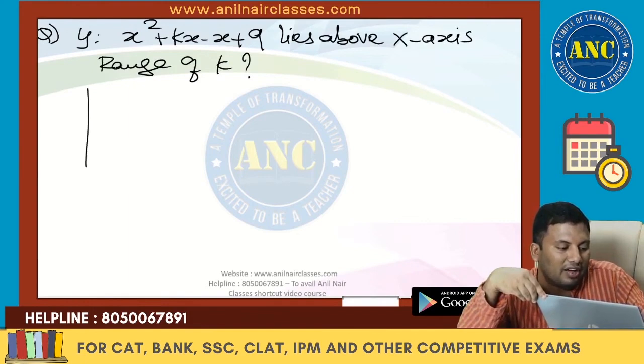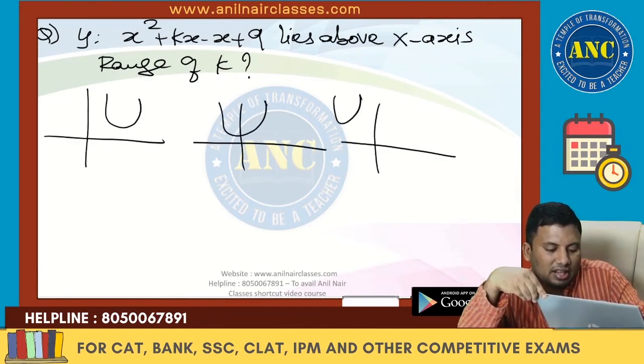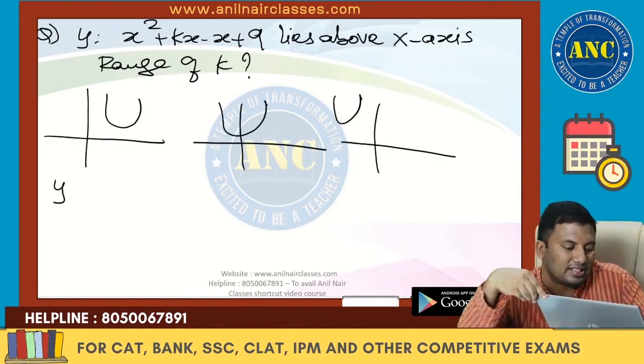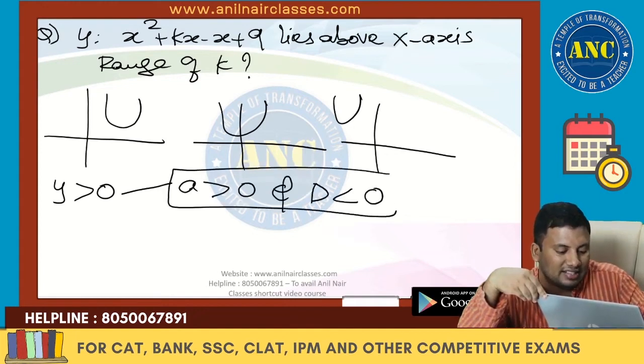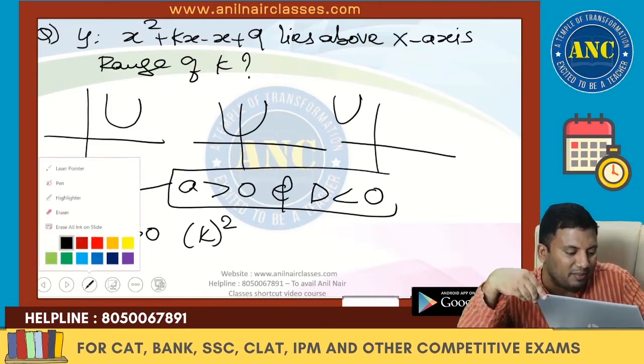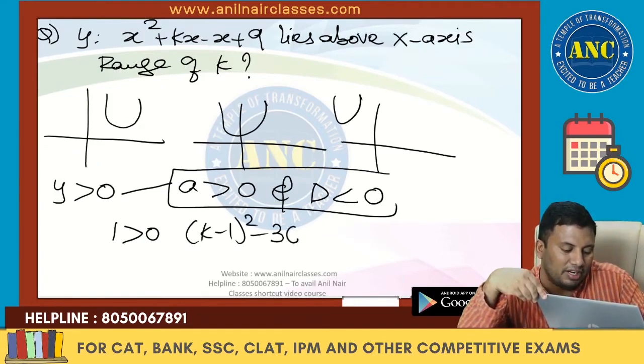If the graph is lying above the x-axis, as we already discussed, y will be greater than 0 when a is greater than 0 and d is less than 0. So 1 is greater than 0. B square is (k minus 1) whole square minus 4 into 9, which is 36, less than 0.